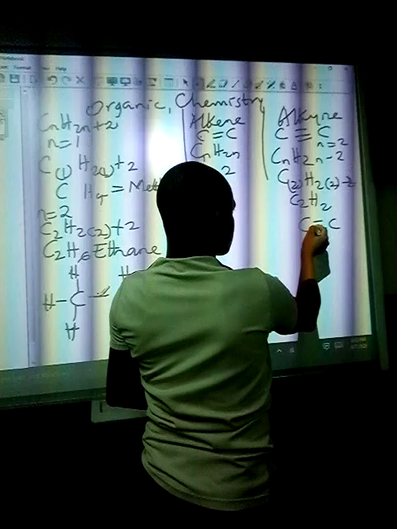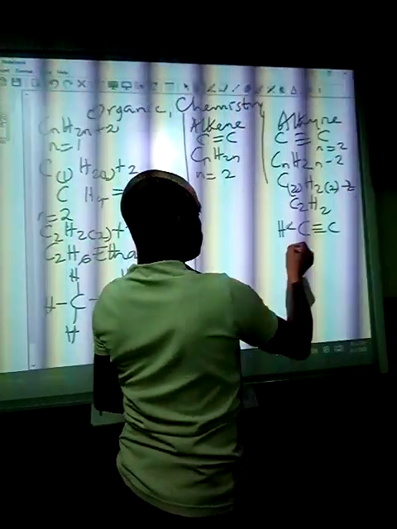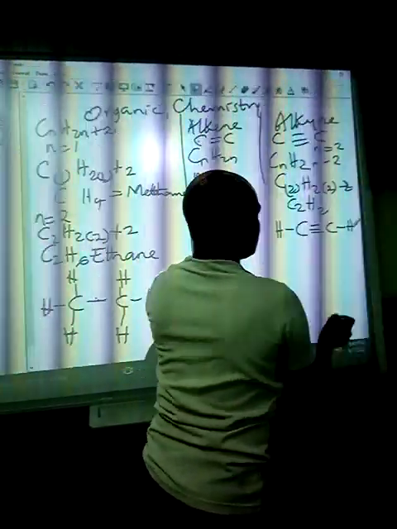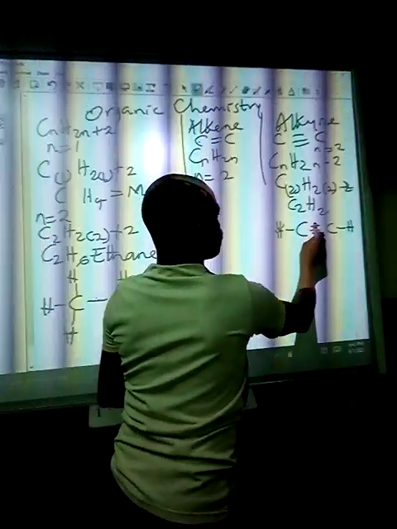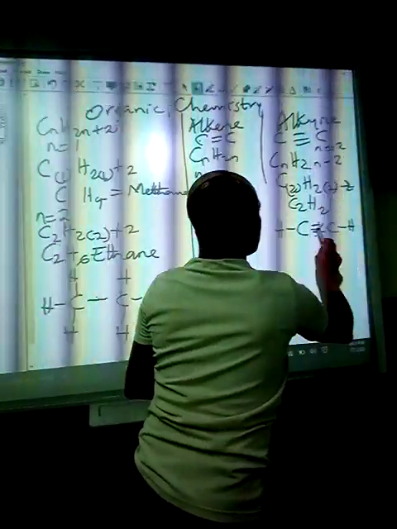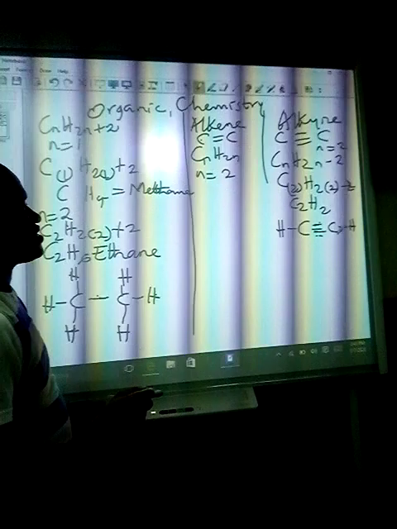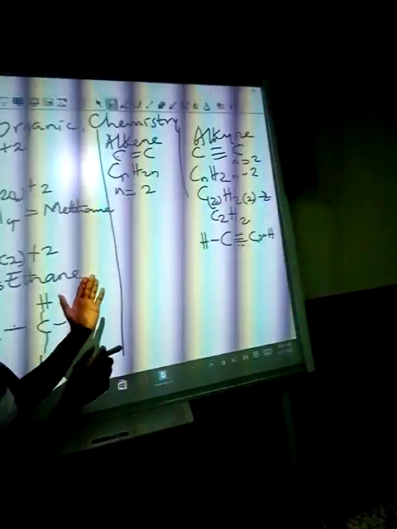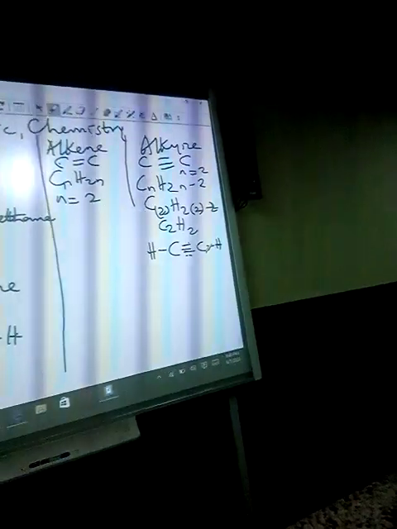Here we will have 1, 2, 3, 4, and here we also put 4. That is how we form it. That is how you go by it, and we shall continue from this in the next class.